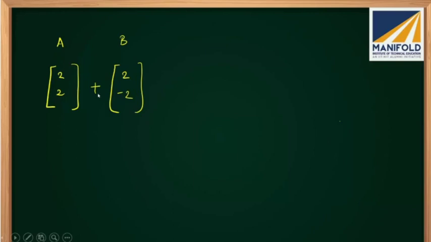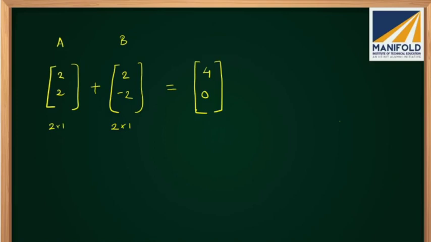We have learned matrix addition in plus 2. When you want to add 2 different matrices, the only thing required is that they should have the same order. Here the order of this matrix is 2 by 1, and the order of this matrix is also 2 by 1. So I can add element-wise. What is going to be the result? 2 plus 2 will give you 4, and 2 plus minus 2 will give you 0. So this is the result of this addition.